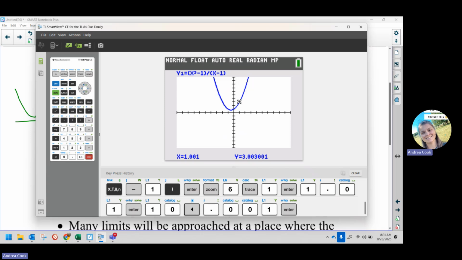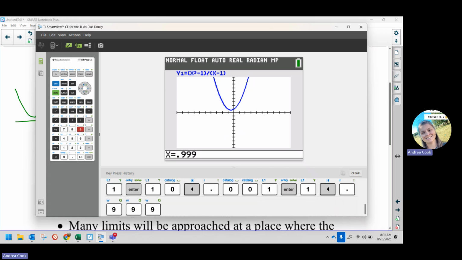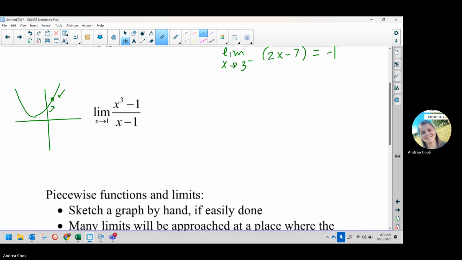Now let's look at the other side. Let's do 0.999. That is also close to 3. So what is this limit going to be? 3. So basically on this graph, that hole happens at 3.